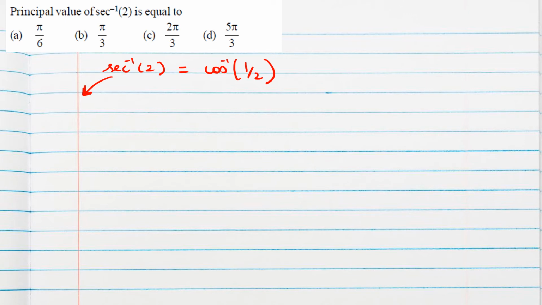So sometimes if you don't know the values of sec inverse 2 by root 3, or 1 by root 3 or 1 by root 2, like that, you just change into the basic one, means cos inverse, by taking the help of the property here. Reciprocal of the angle. Now we know cos 60 gives 1 by 2, cos 60 means pi by 3. So every time you should also check pi by 3 is in the principal value branch. Yes, it is. So our answer will be pi by 3.